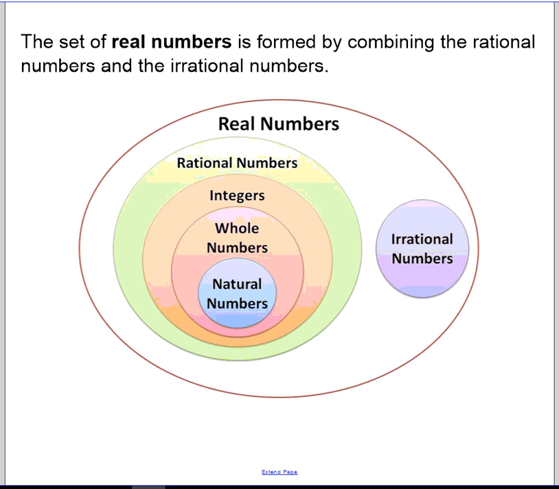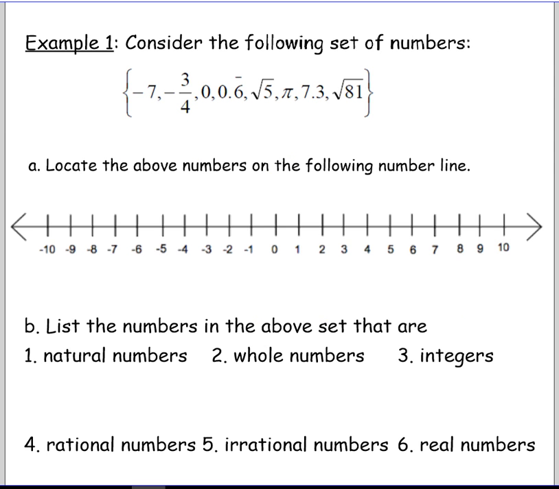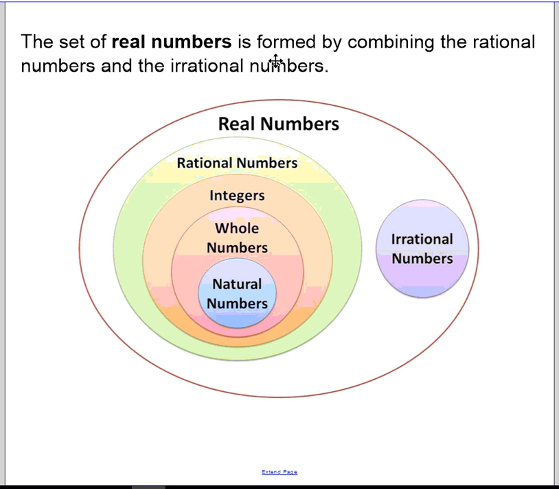So if we look at it visually, the set of real numbers is formed by combining the rational numbers and the irrational numbers. I know your textbook has it in a box instead of a circle, but I just found this one that was nice and pretty on the internet to show for the slides. As you can see, all rational numbers have integers, whole numbers, and natural numbers.